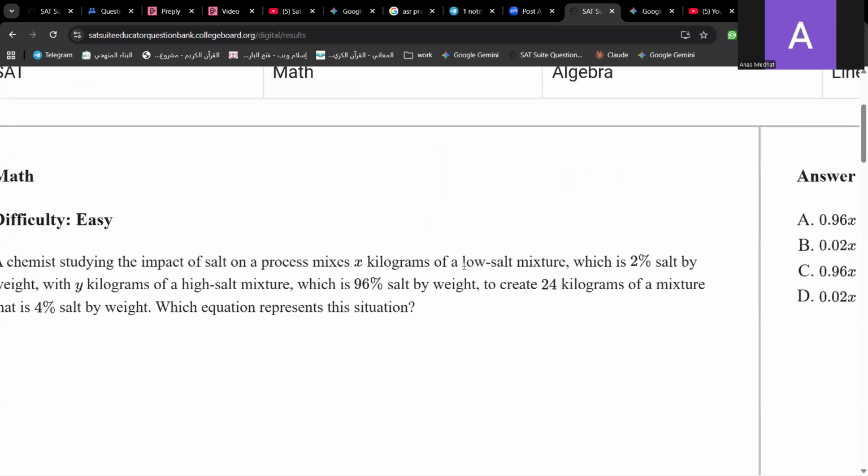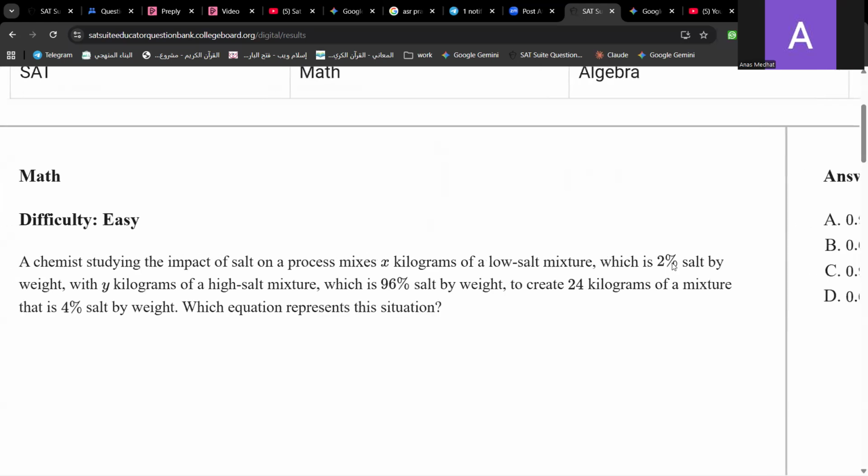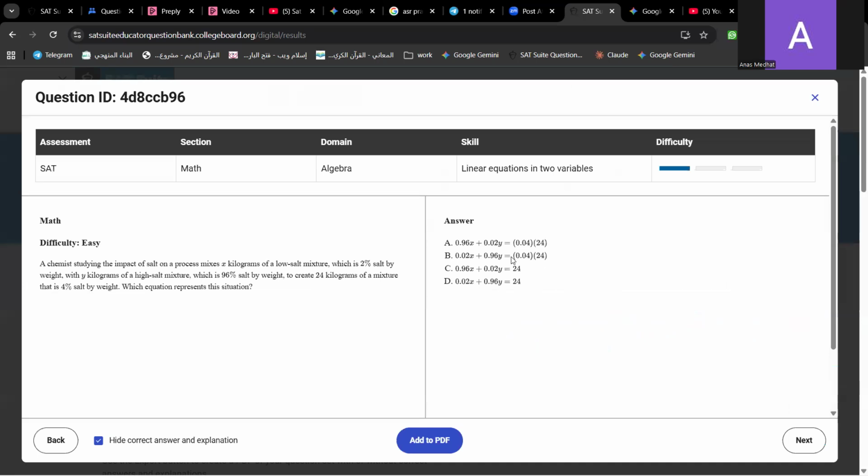X is 2%, so it will be 0.02 times x. With y, which is 96%, it will be 0.96 times y, which equals 24 times how much? 4%. So the answer is B.